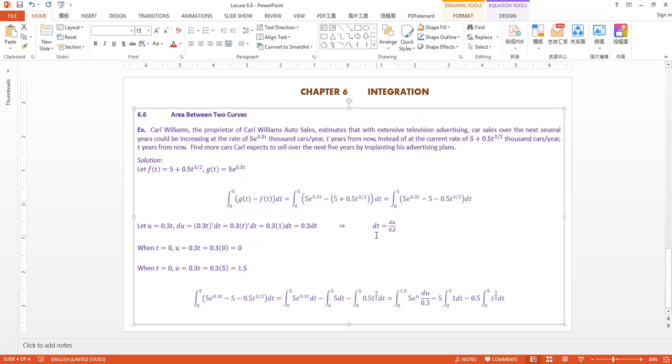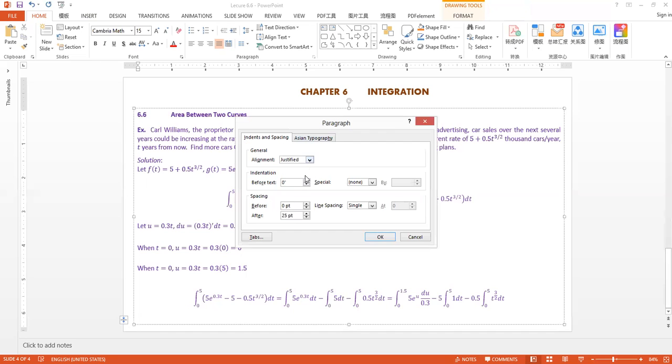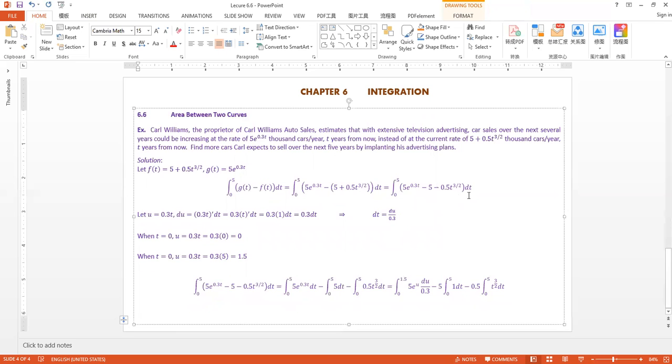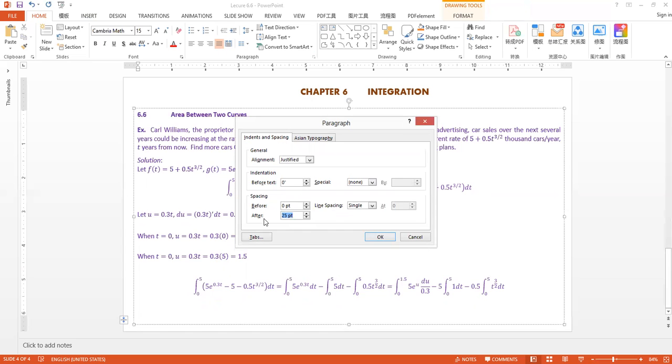Okay, let's just see if we change anything. So it doesn't change anything here. Okay, let me just see if we can do. Okay, so this has to be 0. Change this to 0.